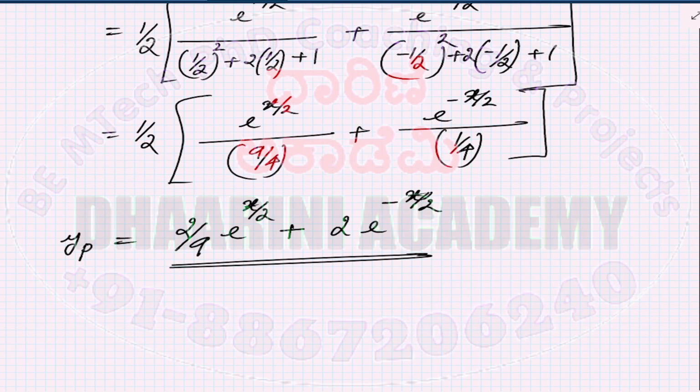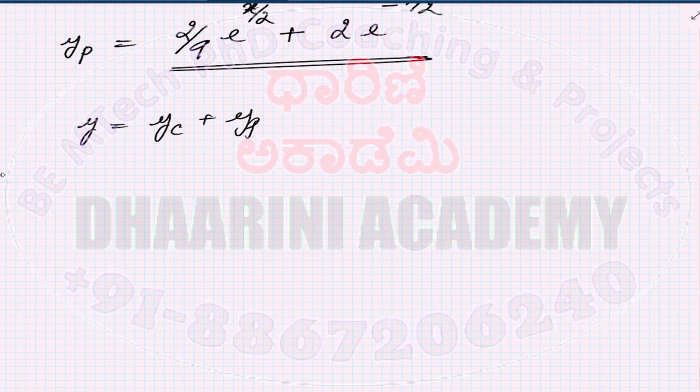All right, so we come to the final part of our answer, that is, therefore y is equal to yc plus yp is my final solution. So let's write that. We got the yc like this. Yc was some constant plus constant into x, my mistake, constant into x, e to the minus x.